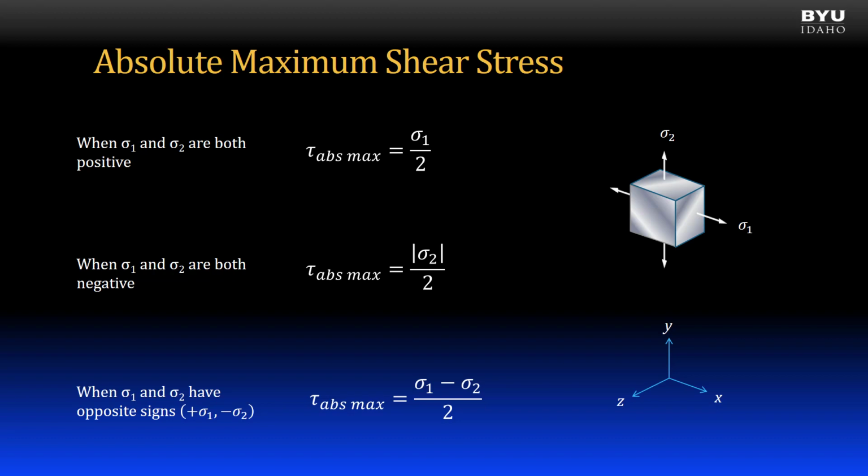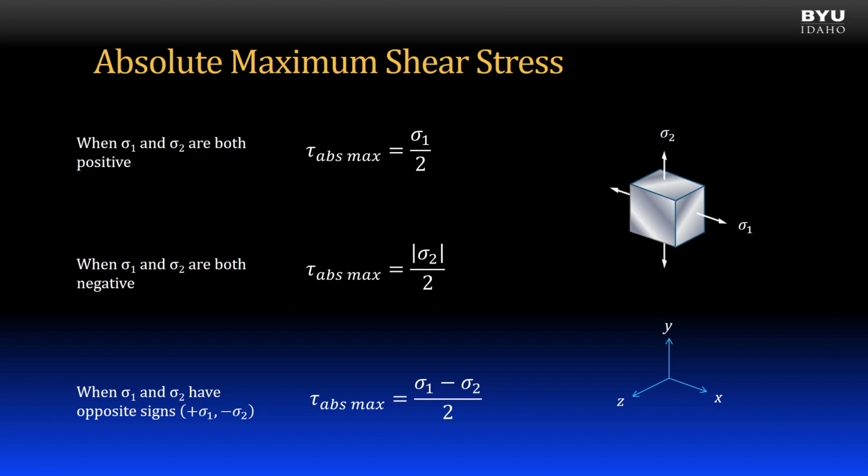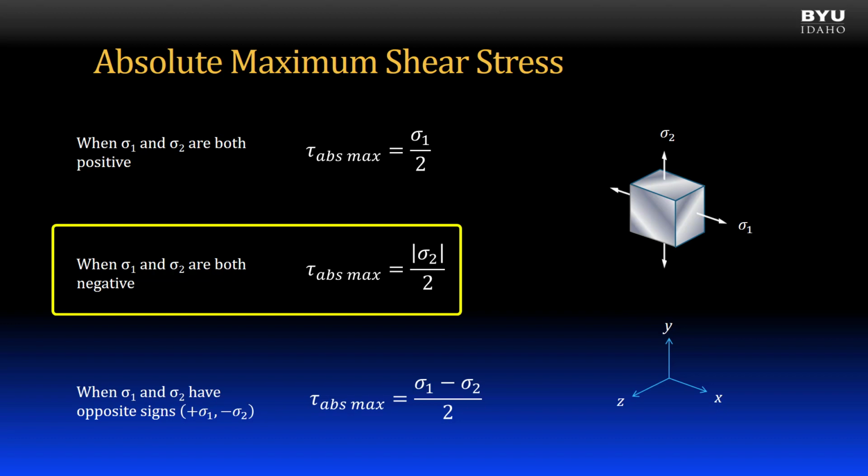Then, based on the signs of the principal stresses, the absolute maximum shear stress can be calculated using one of the three equations shown. If both principal stresses are positive, the absolute maximum shear stress is equal to sigma 1 divided by 2. If both principal stresses are negative, the absolute maximum shear stress is equal to the absolute value of sigma 2 divided by 2.